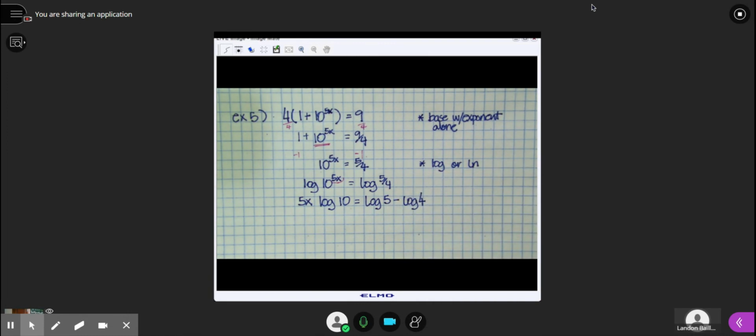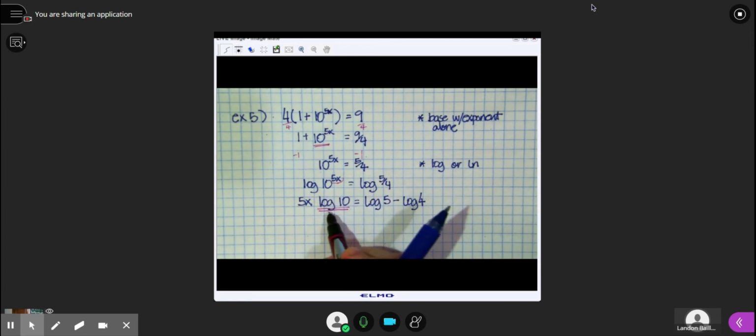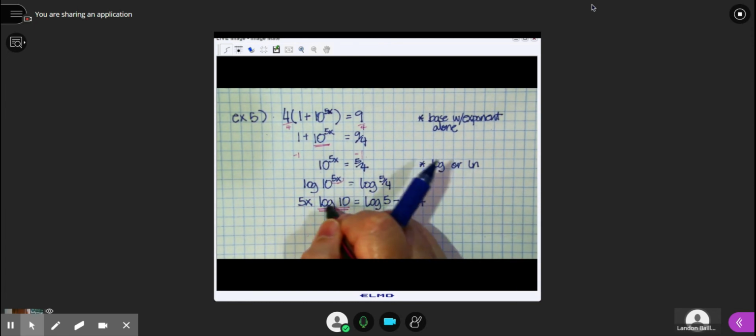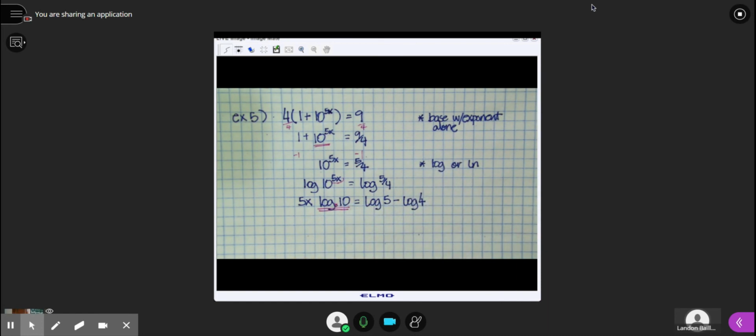I don't know if I need that or not. But I do have this. And since this is technically log base 10 of 10, we talked about it last week, that's just a fancy way of writing 1.